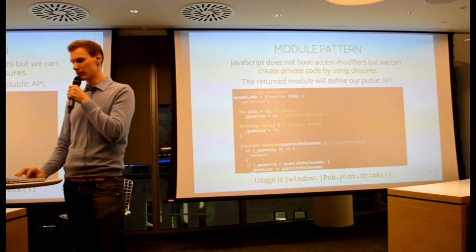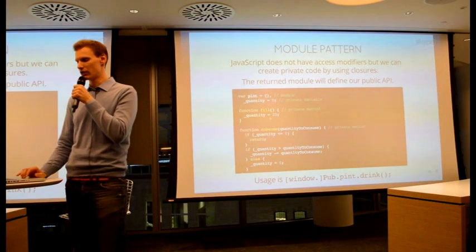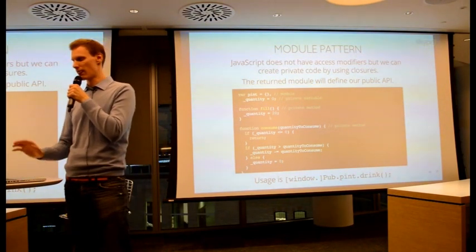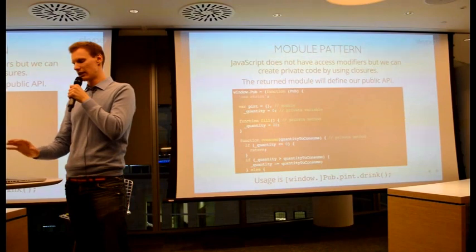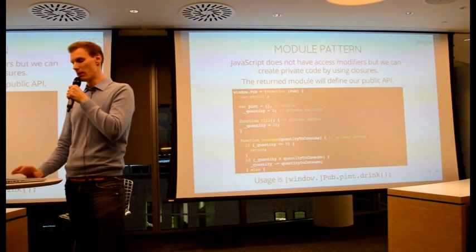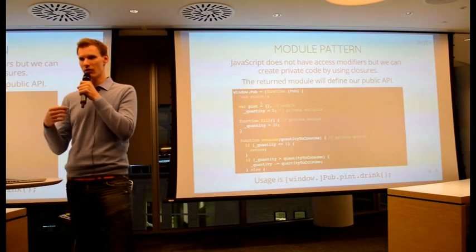In this example, I will go to the namespace a little bit later. I will finish with this module pattern. So here we introduce this pint variable inside our scope, which will be basically our public API.